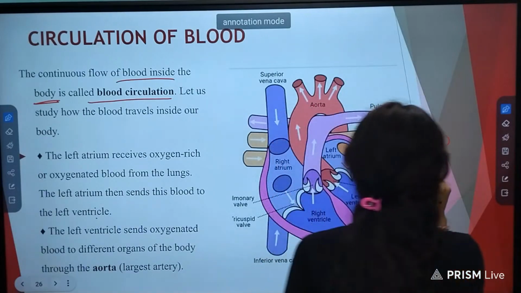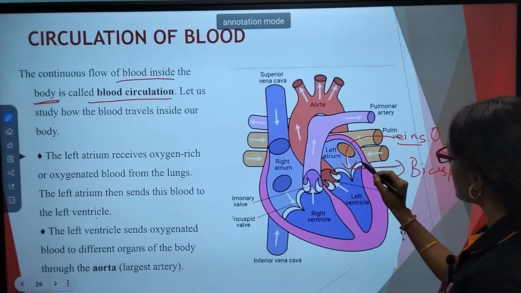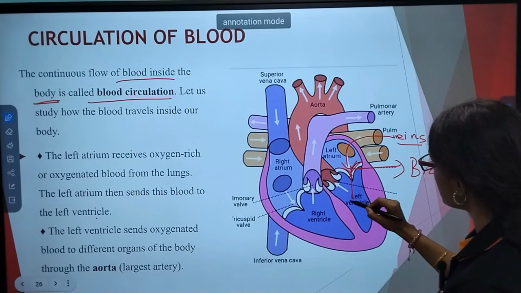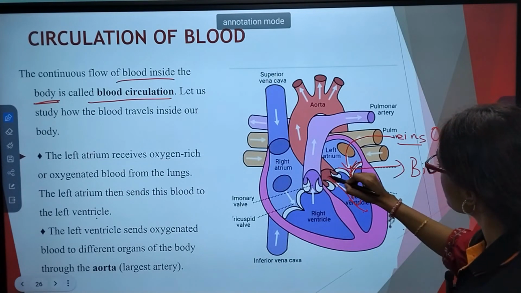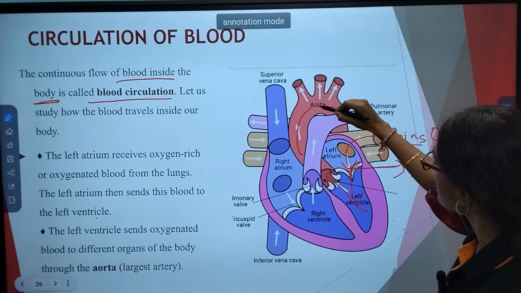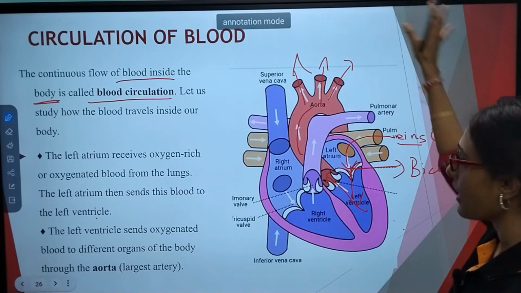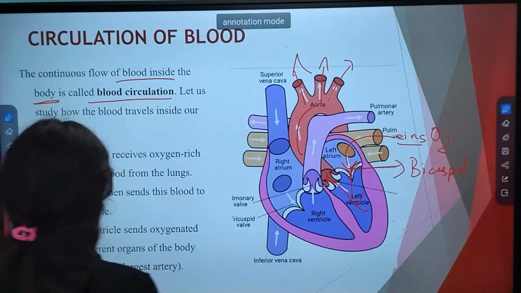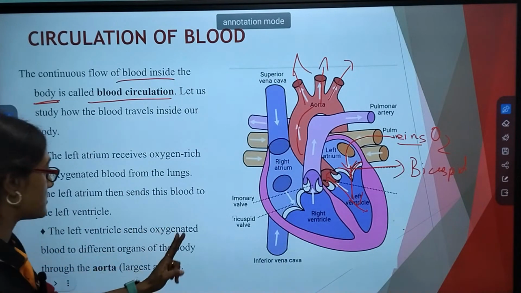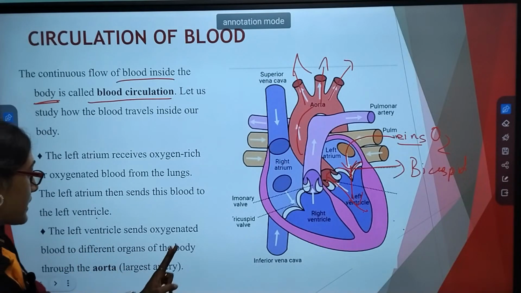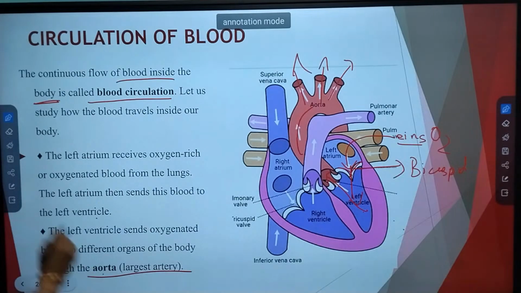This is the bicuspid valve. That means there are two roads by which it comes to the left ventricle. From here, the blood is pushed through the aorta, and the aorta then separates into branches of arteries. The left ventricle sends oxygenated blood to different organs of the body through the aorta, which is nothing but the largest artery. Okay.